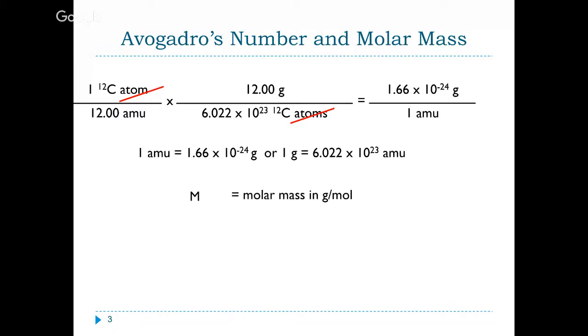When we represent molar mass, we give it a capital letter M, and it is grams per mole. We also recognize that Avogadro's number comes up in that: if we have 1 mole of a substance, we have 6.022 times 10 to the 23rd atoms or molecules of that particular substance.